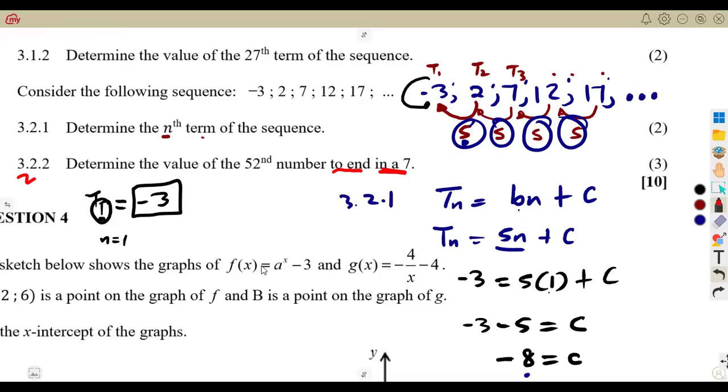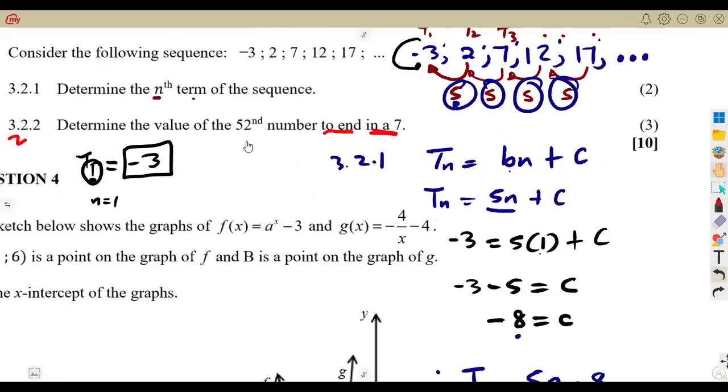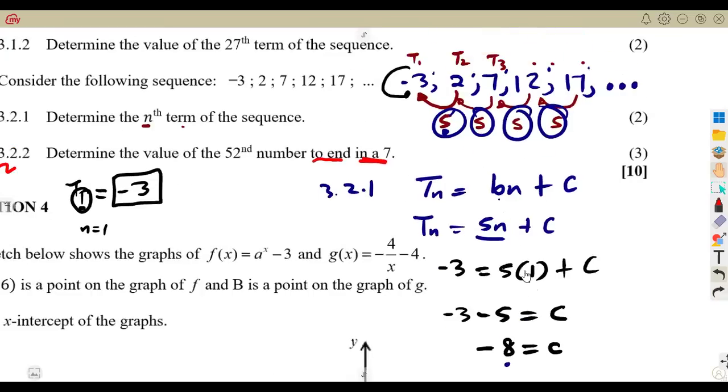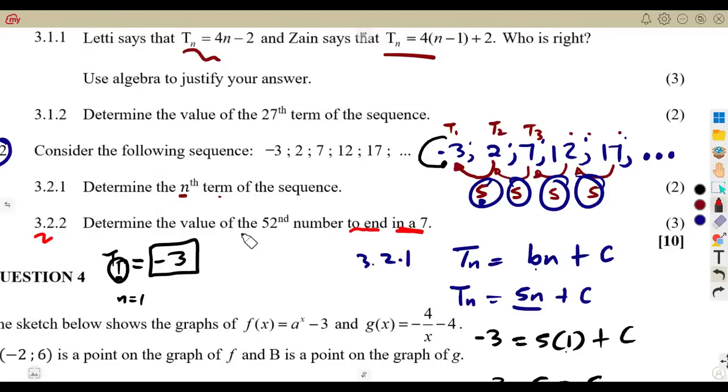The 52nd, to end in a 7. We are not going to substitute this 52 here and just say, okay, this is our Tn, so substitute 52. No. Because this sequence is not the one that they are talking about. They are saying the sequence is supposed to end in a 7.